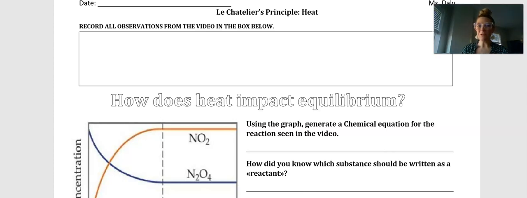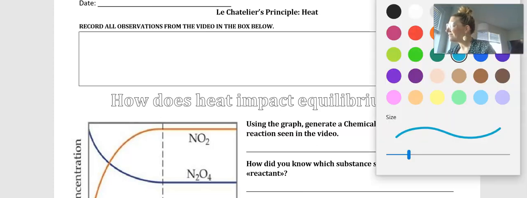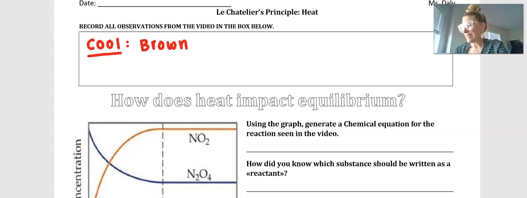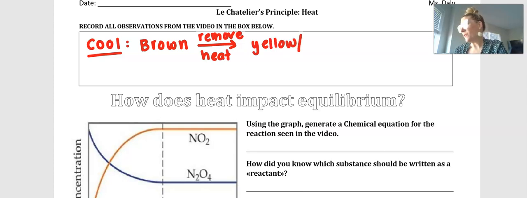Okay, so taking a look here, we're going to add some notes to our sheet. When we added this to the cooler temperature, it was brown and we removed heat. And from there, it became a yellow or light brown color.